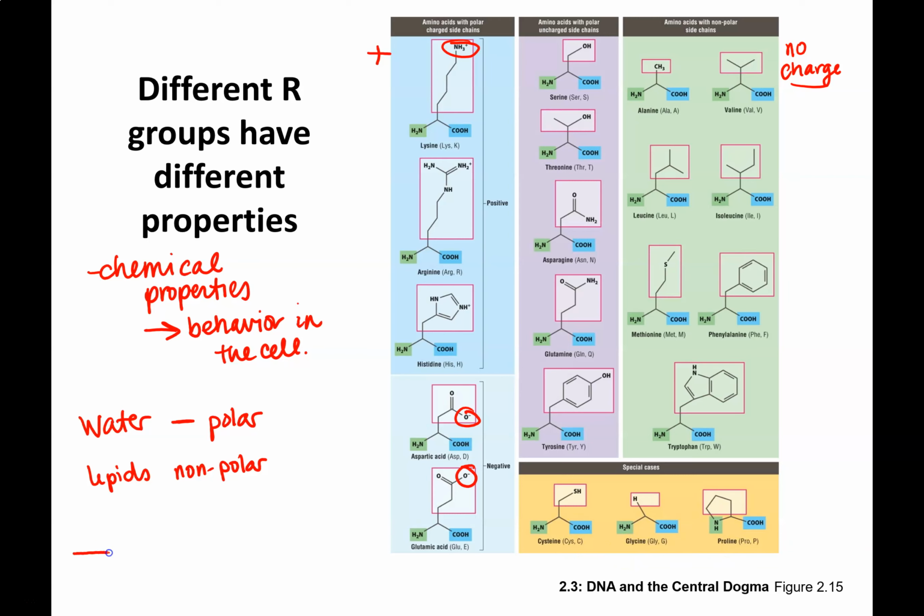So these different R groups not only have their own different chemical properties, but they also affect the overall protein's properties and how the proteins are folded. So remember that folding those proteins is really important for overall function.